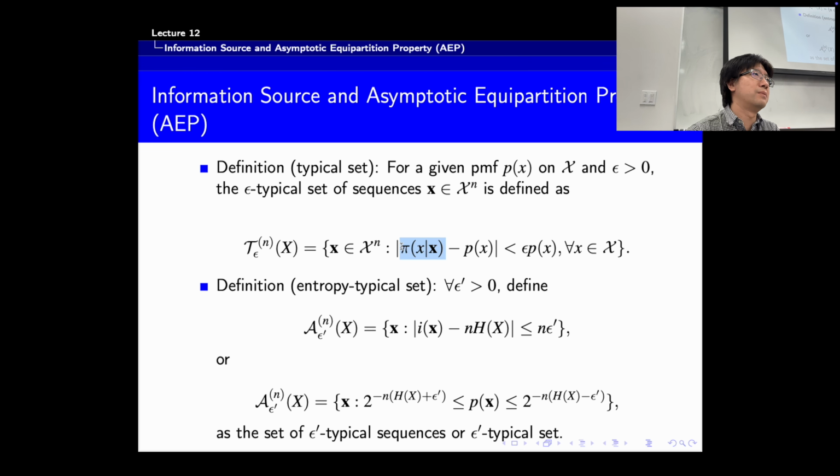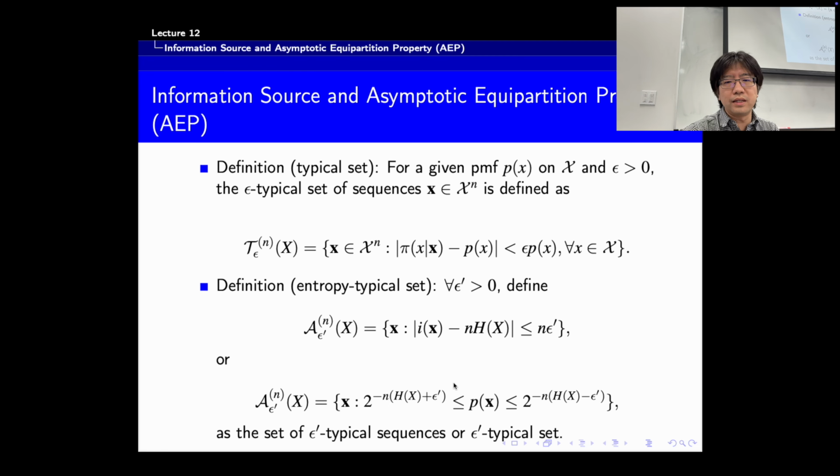So we can count how many sequences are in each type, and then add them together, so we can do some precise operations here. But in this class, we're not going to touch too much on this. In most of the theorems in our class, we can show that using the entropy typical set, which is given by our textbook, the Thomas Cover textbook. So we'll work on this, okay?